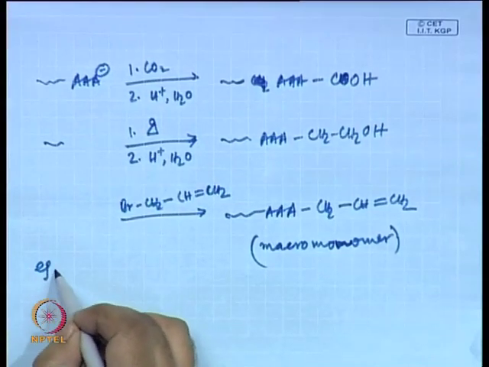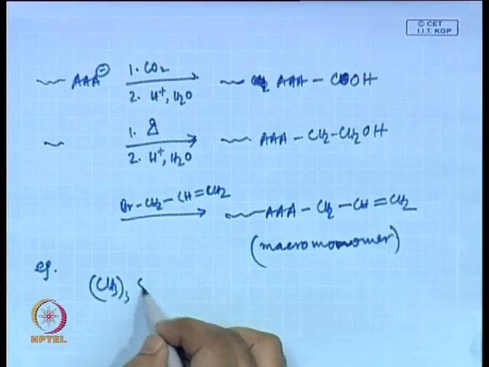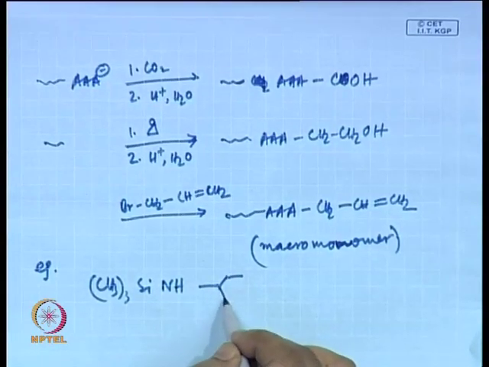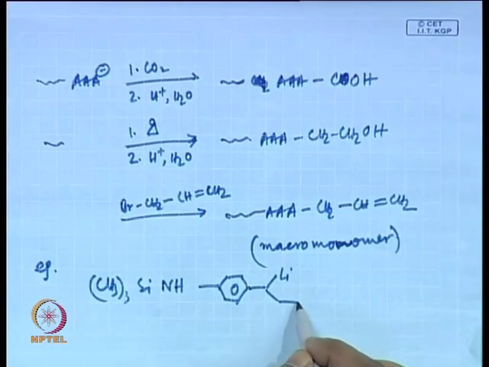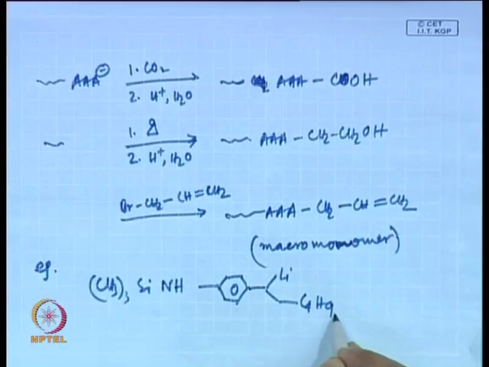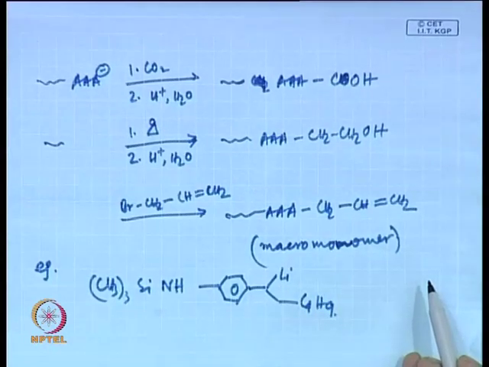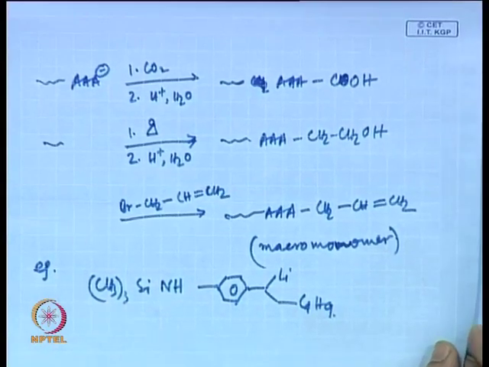For example, if I take a trimethylsilyl protected imine, you can initiate a polymer chain and at the end you can terminate the chain, and then by acid hydrolysis you can make an amine terminated polymer.